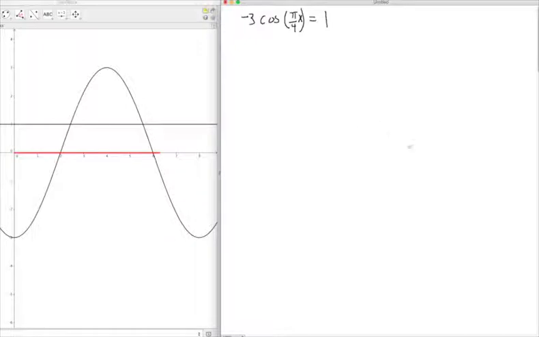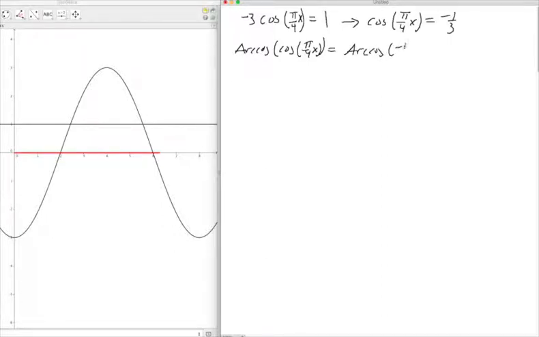Here we go. The first thing I would do here is divide both sides by -3. So I have cosine of pi over 4x equals -1/3. Then I would take the arc cosine of the left and the arc cosine of the right. So it now looks like this: arc cosine of the cosine of pi over 4x equals the arc cosine of -1/3.